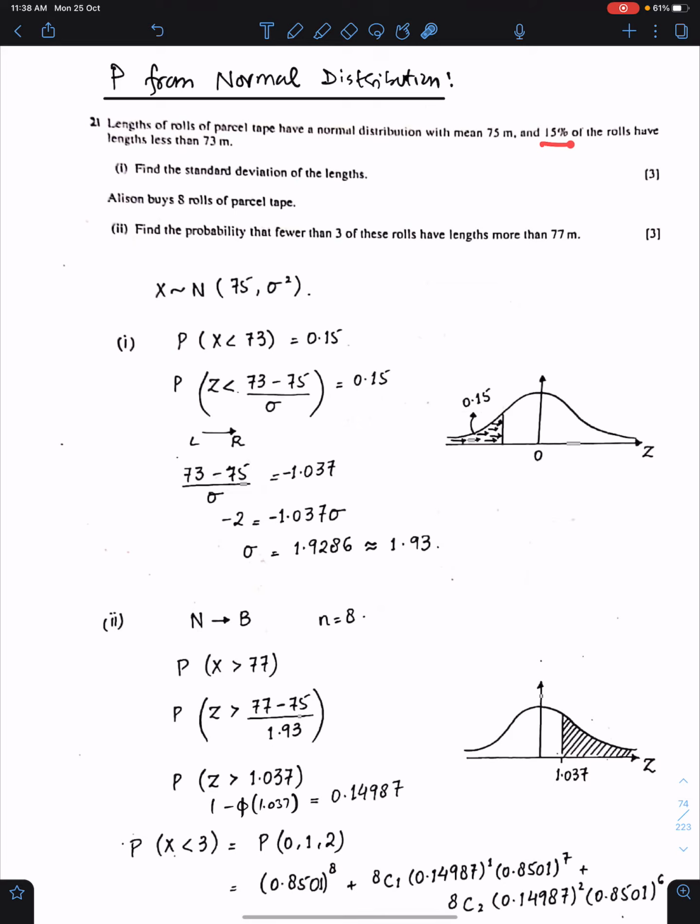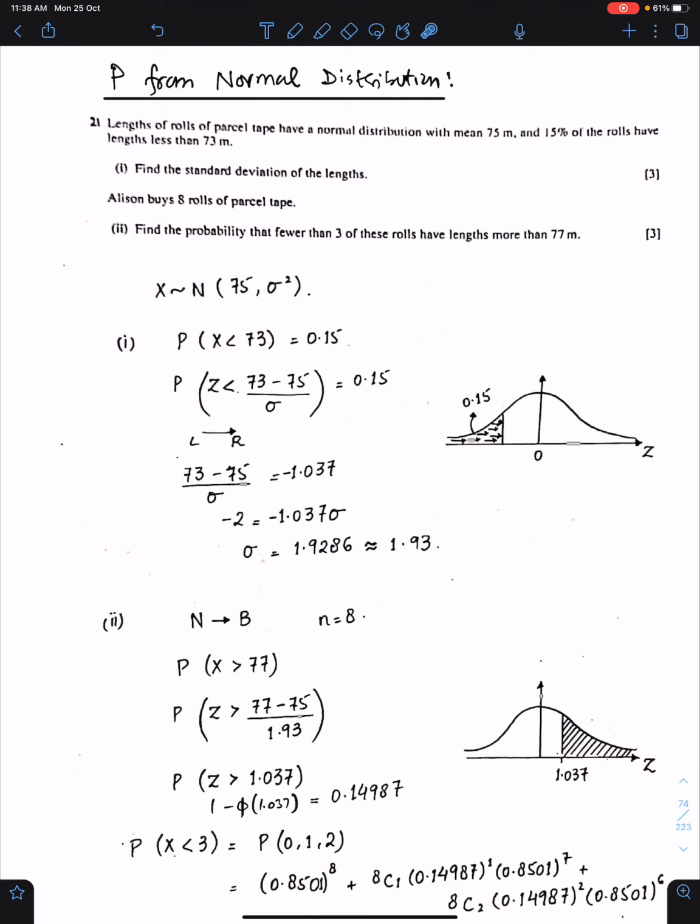Now this information means this equation. With the help of this information we will find sigma. The first part of this question is to find sigma.